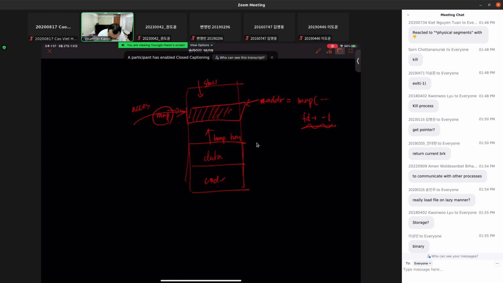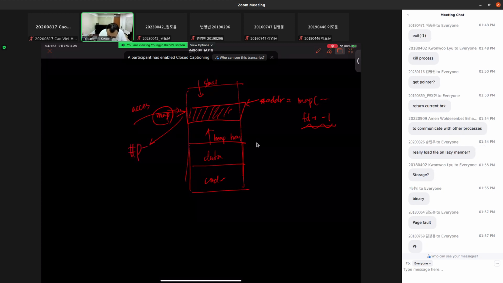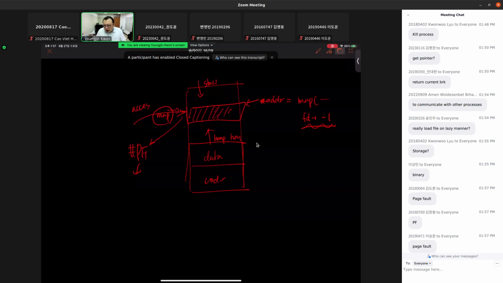Then the first time the application tries to access this region, what happened? Same thing, a page fault happened. Then how does the operating system allocate this region?